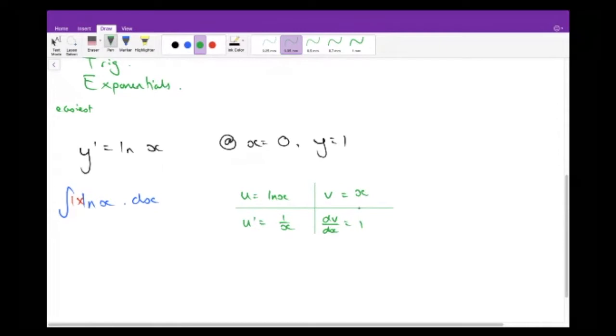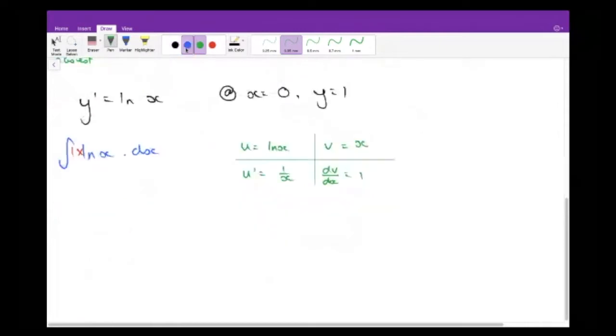Again, I plug it into the formula. So the integral of natural log of x is equal to u times v, so that's going to be x ln x, minus the integral of v du by dx, or v u dash.